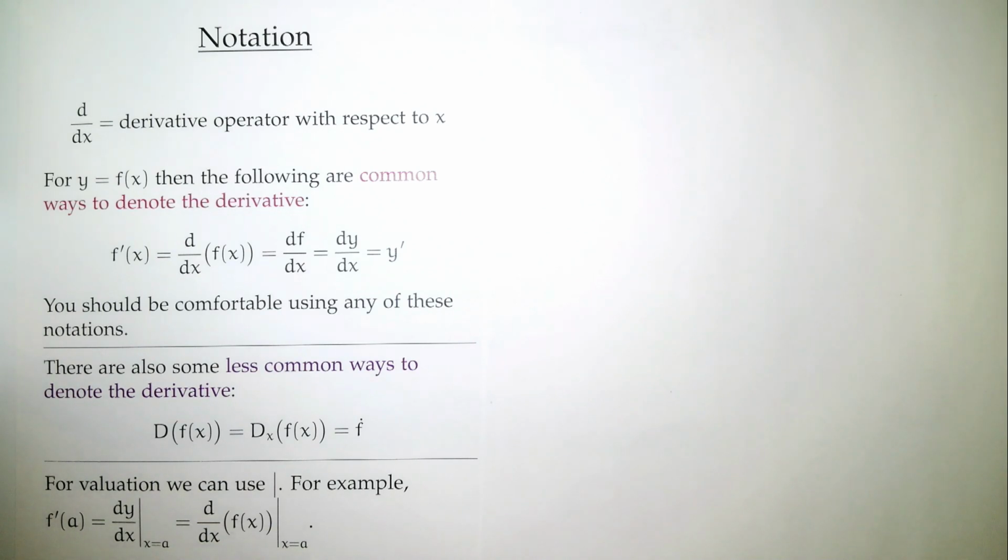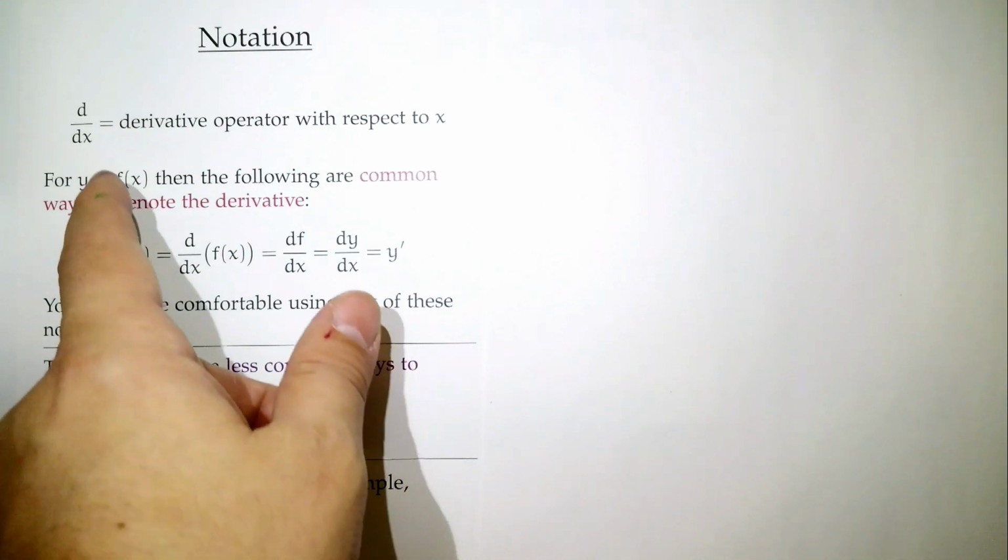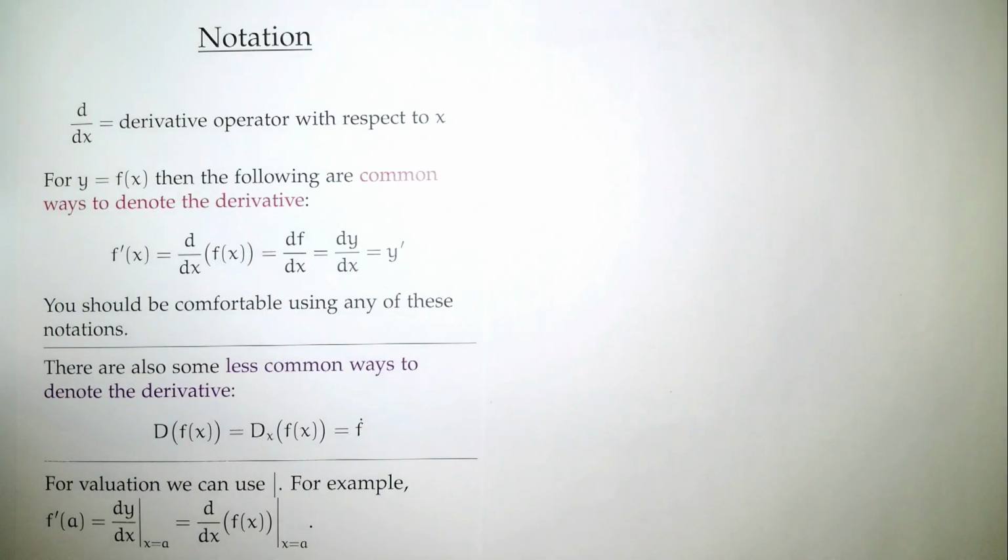So there's another type of notation which uses a dx notation. So if you ever see d dx, that's a shorthand for saying I'm trying to take the derivative with respect to x. Essentially what you should see if you ever see a d something, is you should say, oh, I'm trying to look at what happens when I have a small change in. So the d can stand for a small change in.